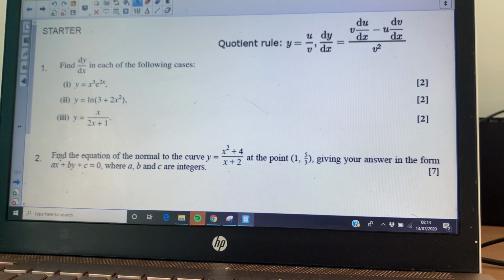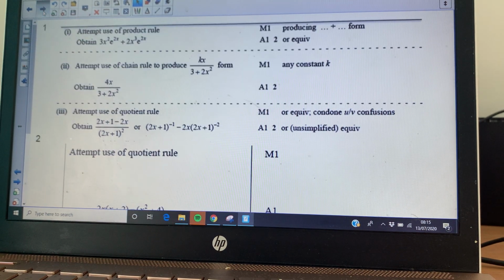If it says determine, or if the question says show detailed reasoning, you will have to clearly show using the quotient rule. So do be mindful. If it does, however, like this question, say find, in theory, you can just put that into your calculator. This is an old exam question, which is why it says find, and then they're expecting you to use the quotient rule.